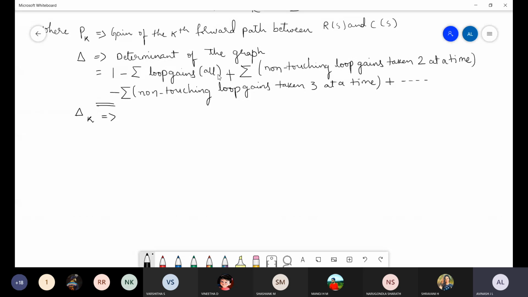Delta k can be found out like this: delta k is equal to delta minus the summation of loop gains in delta that touch the kth forward path.